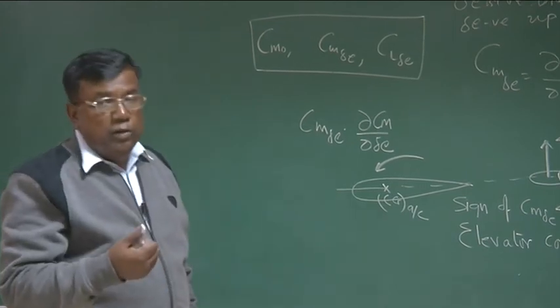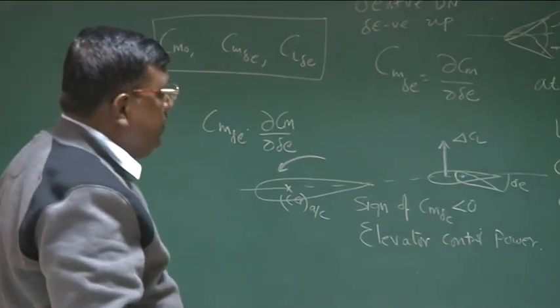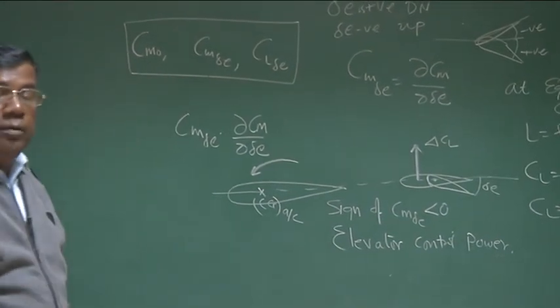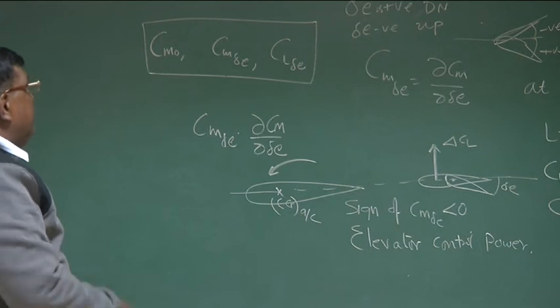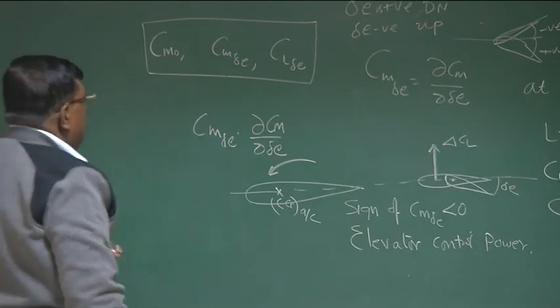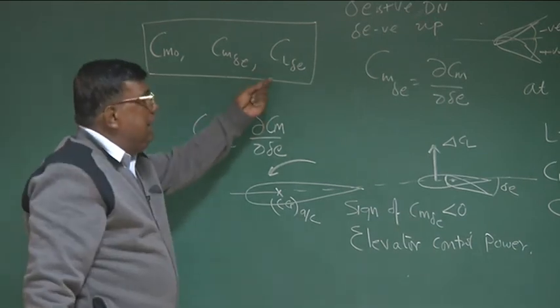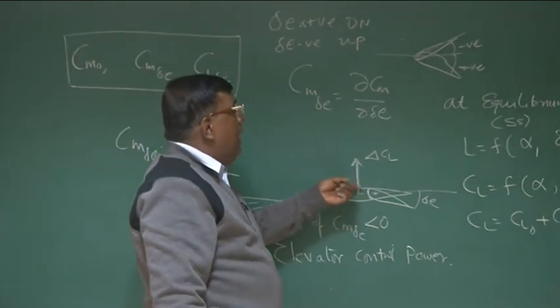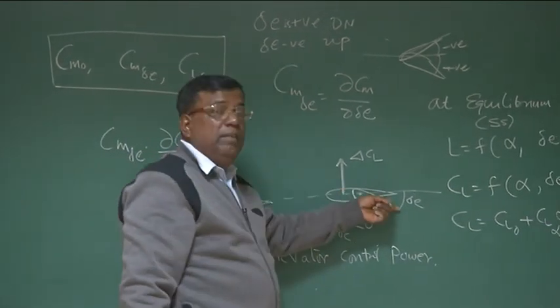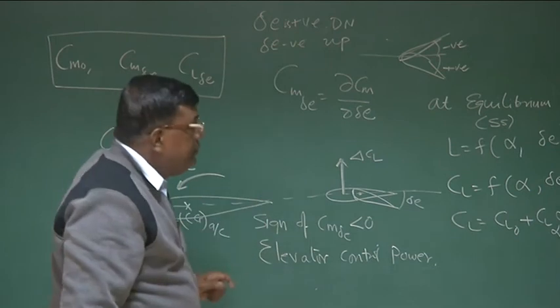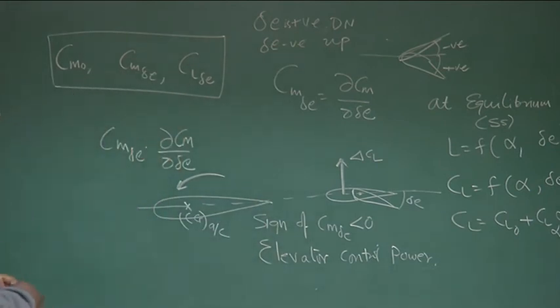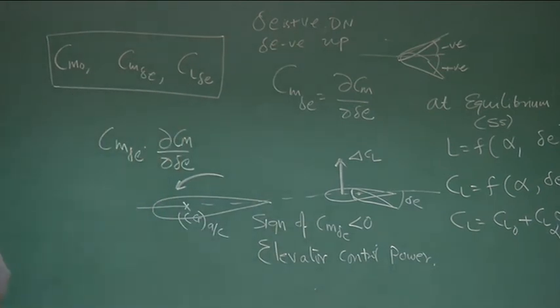So it is a control power, and it is called elevator control power because this moment is generated by the elevator. That is the physical meaning of Cm delta E. CL delta E is also very clear from here, how much change in CL because of elevator deflection. So these are two terms we should know before we try to solve a problem.